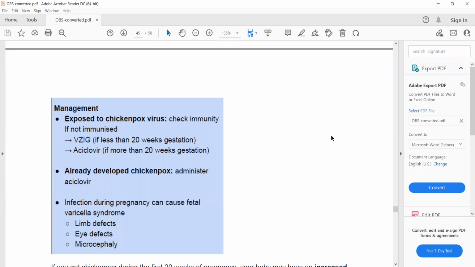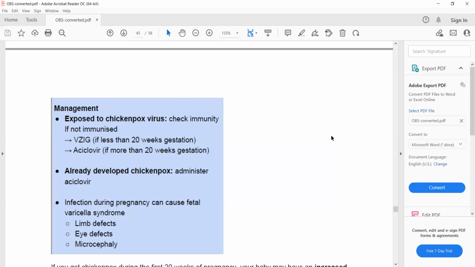The management of both of these conditions is different. If someone is exposed to chickenpox and she has not developed the disease yet, then we can prevent the disease by giving immunoglobulins or antibodies from the outside that are known as VZIG, varicella zoster immunoglobulins.